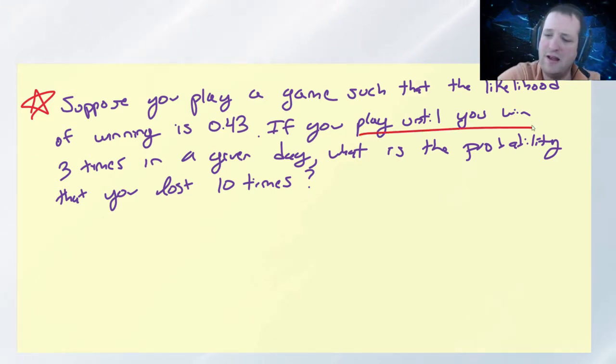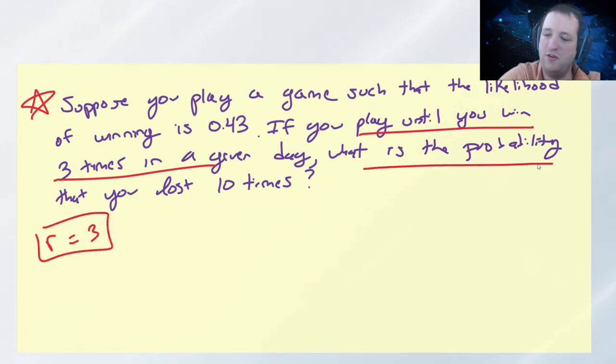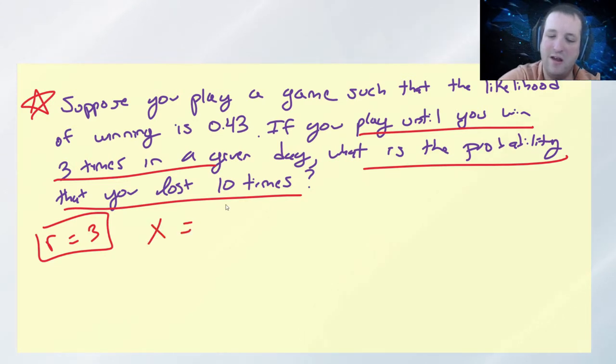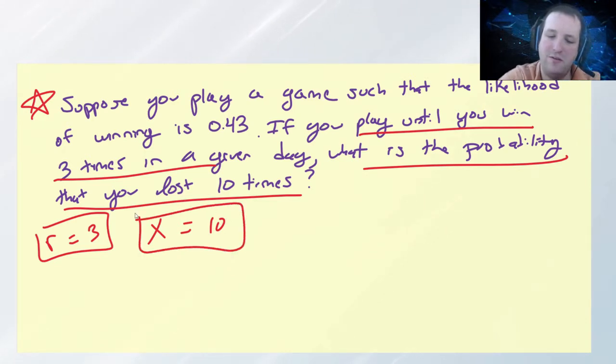So we're going to play until you win 3 times in a given day. If we're going to use our negative binomial distribution, r is clearly going to be equal to 3. And we want to know how many times we failed in that sequence, so the value of x is going to be exactly 10. We could do at most 10 or at least 10 or any variation of that, but this problem just says the probability that we lost 10 times in that sequence.